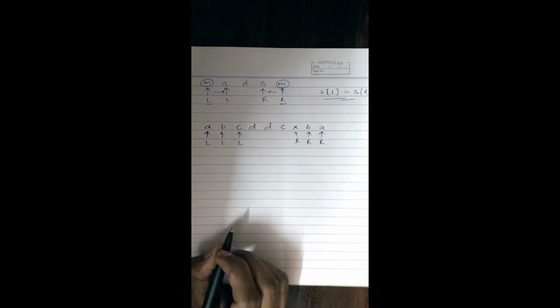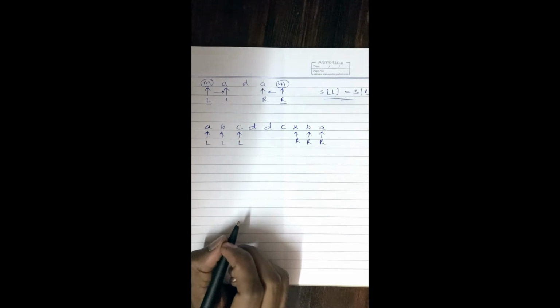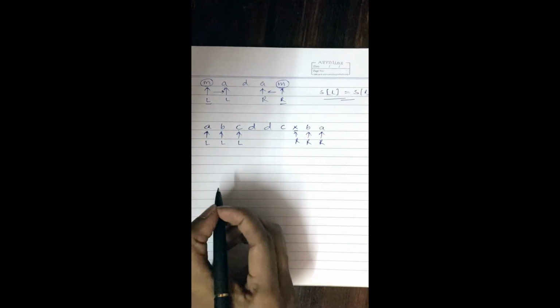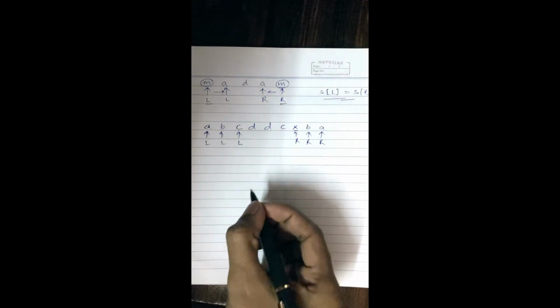Now what we can do is delete either C or X and then check if the remaining portion is a palindrome or not.